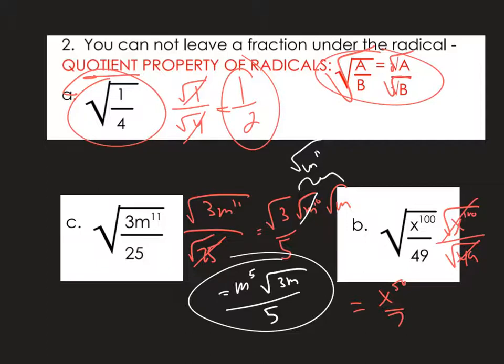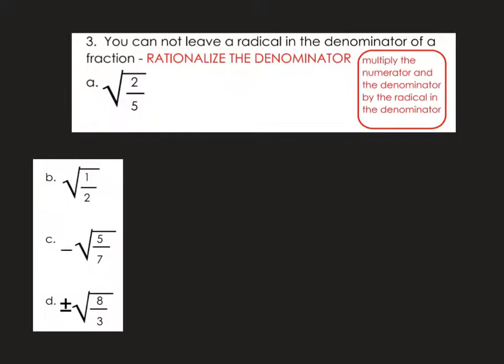If any of that was too fast, just rewind and watch that again. And lastly, you cannot leave a radical in the denominator. So you're going to have to rationalize the denominator. Rationalizing involves multiplying the numerator and the denominator by the radical that's in the denominator, and that will release the bottom value. First, I see rad 2 over rad 5, so I'll rewrite it.